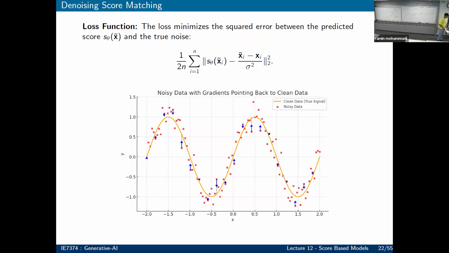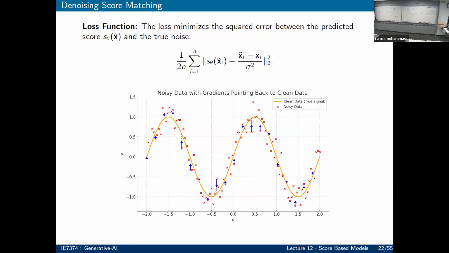Okay, so this becomes the loss function. And what does this loss function tell you? If you think of the yellow line as the original, real data, and all the red ones are the noisy data, it tells you which direction improves that, so the point will fall on the real data.